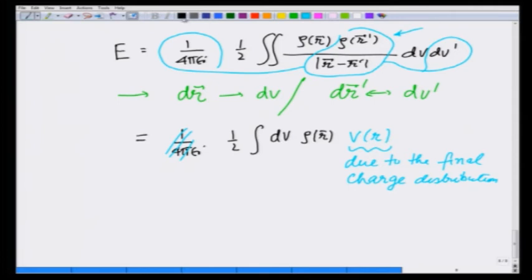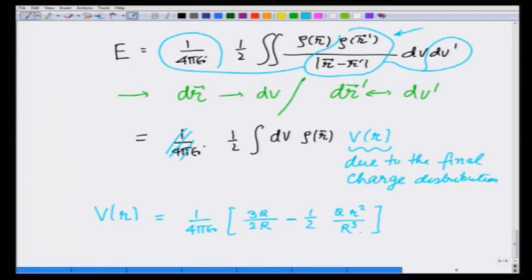Now, in one of the assignments earlier, you have solved for this V of r, and this V of r is nothing but, if you recall, 1 over 4 pi epsilon 0 times 3 Q over 2 R minus 1 half Q r square over R cubed.